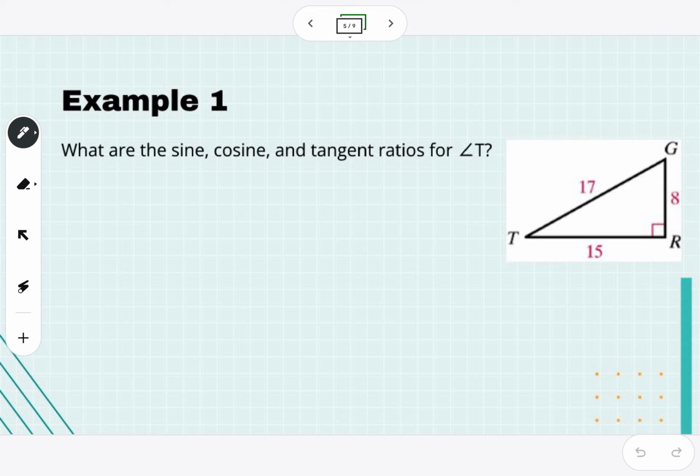So example 1, what are the sine, cosine, and tangent ratios for angle T? They're asking us to focus on this angle over here. Sine of T, well, remember SOHCAHTOA. You can either write it out like this, SOHCAHTOA, or you can write it out like this, whichever way works better for your brain.